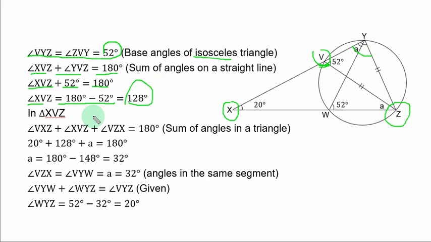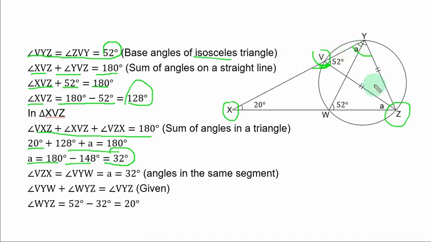So in triangle SVZ, if you add the 3 angles, the sum is 180. So you have 20 degrees plus 128 plus A equals 180. So A is equal to 180 minus 20 plus 128, 148. Collect like terms, you have 180 degrees minus 148 degrees equals 32 degrees.